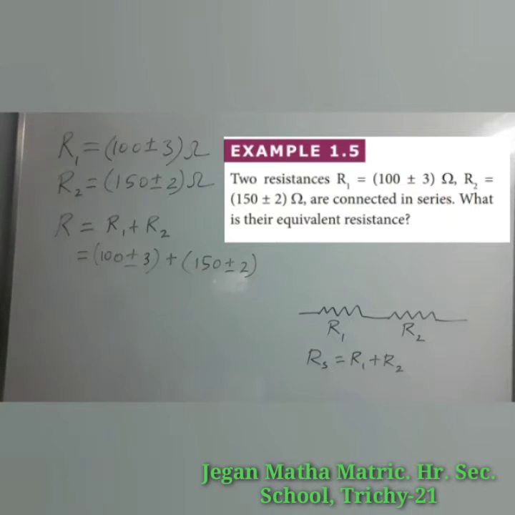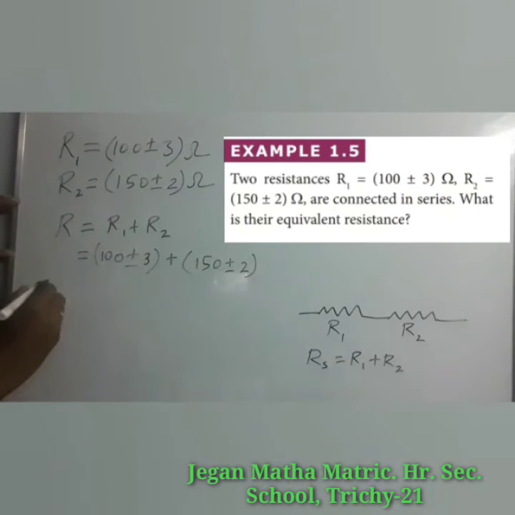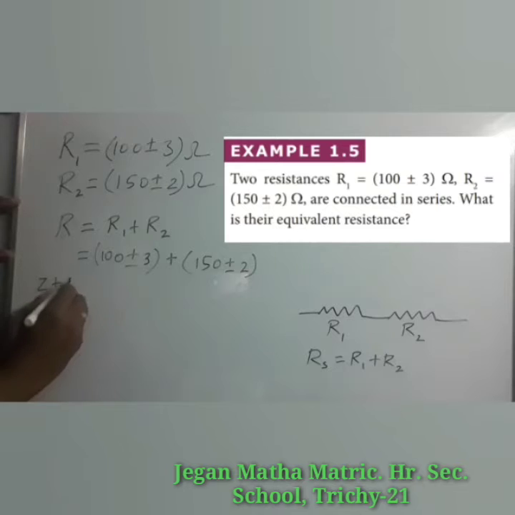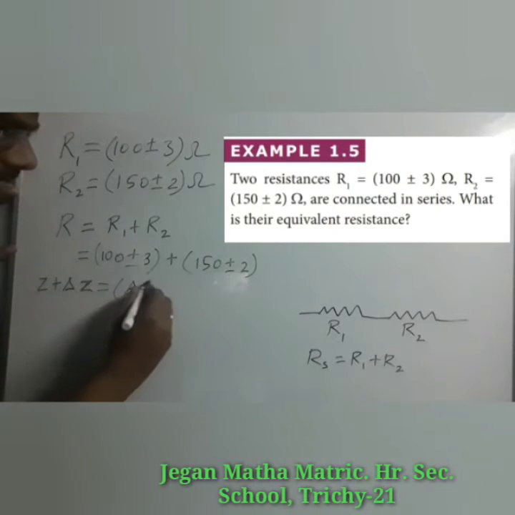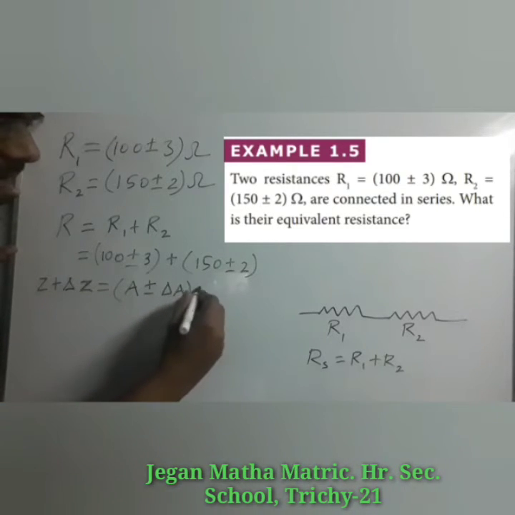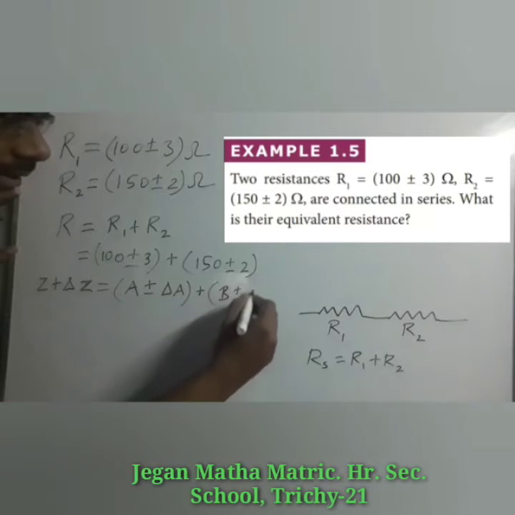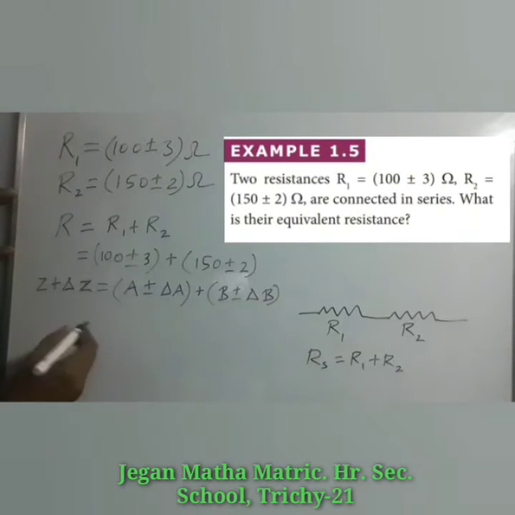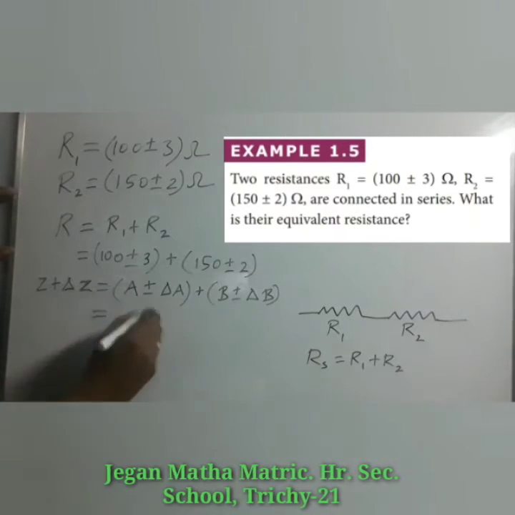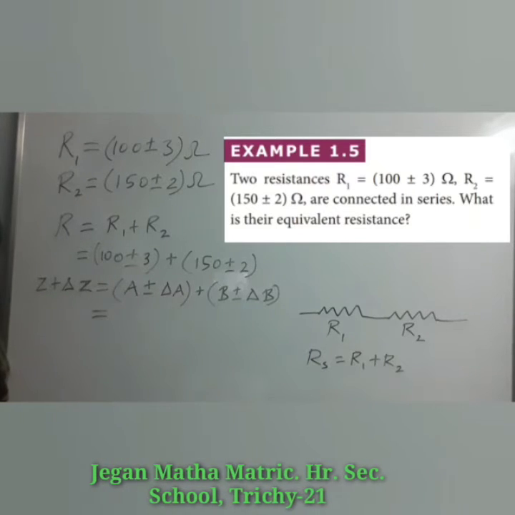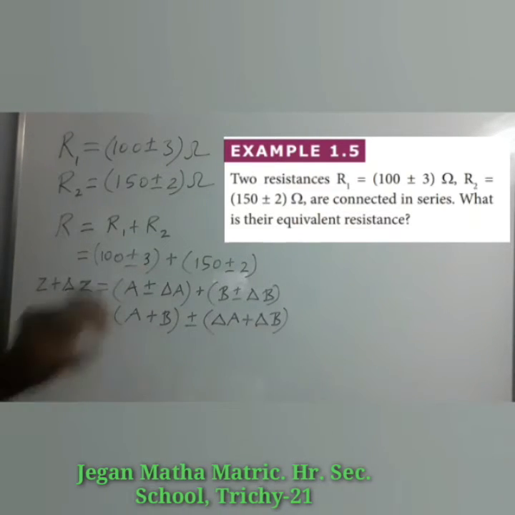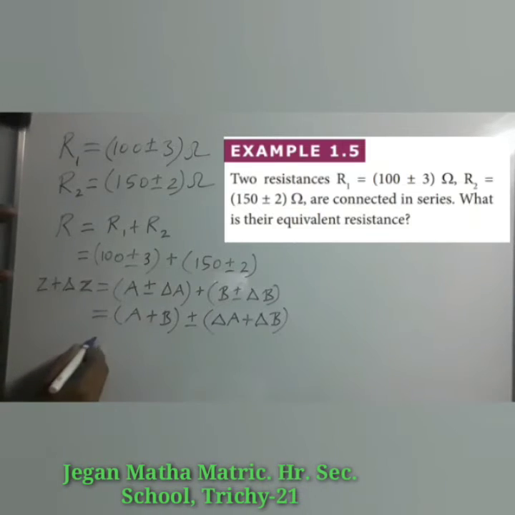It can be compared with the expression Z plus del Z, A plus or minus del A plus B plus or minus del B. What is another form of this expression? So here you can substitute the values.